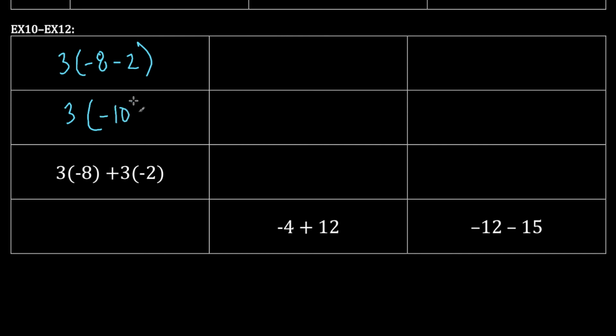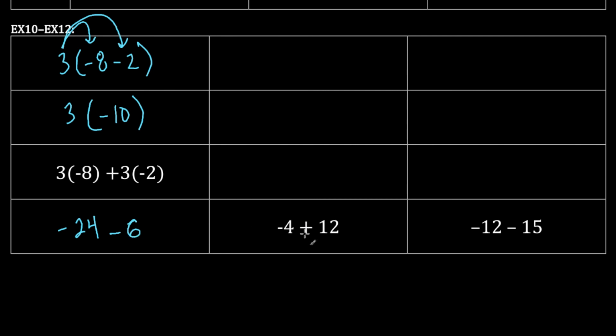But I could have also just written it as 3 times positive times a negative is a negative. 3 times 8 is 24. A positive times a negative is a negative. 3 times 2 is 6. Oof, almost messed that up.